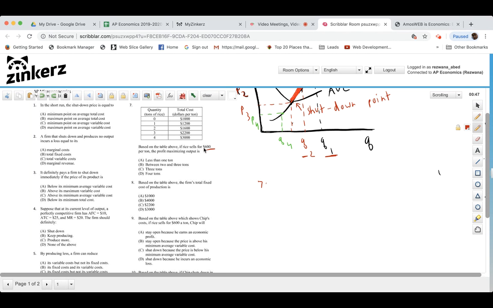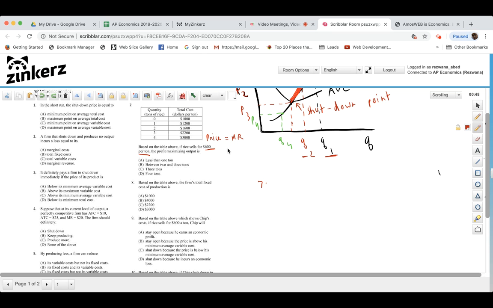If you are a seller and it's telling you rice is selling for 600 per ton, what is that in our graph? Isn't that price? Yeah, that's price. So it's telling you that price is equal to 600 per ton. Yes. And now what do we know price is also equal to in perfect competition? Revenue. Good.